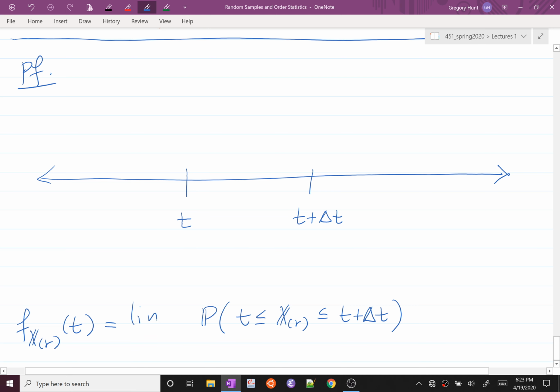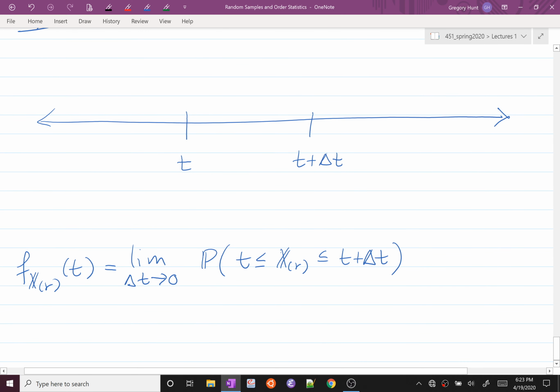And if I take the limit as delta t goes to 0, this should give me, in some hand-wavy way, what my PDF would be at t.